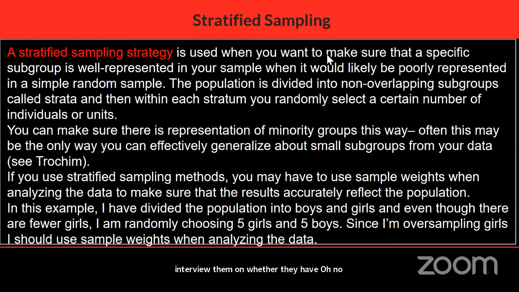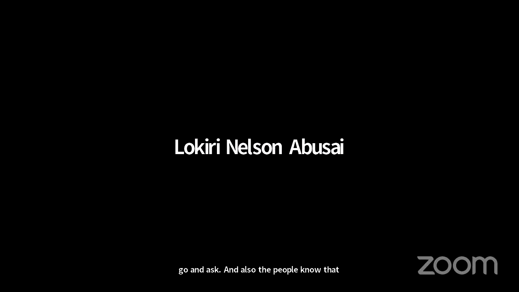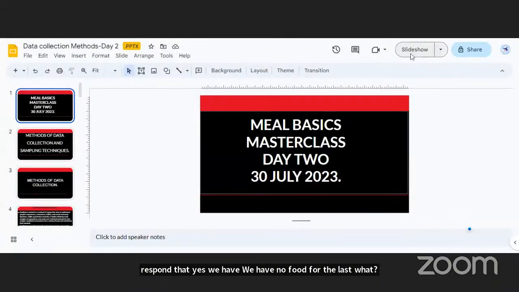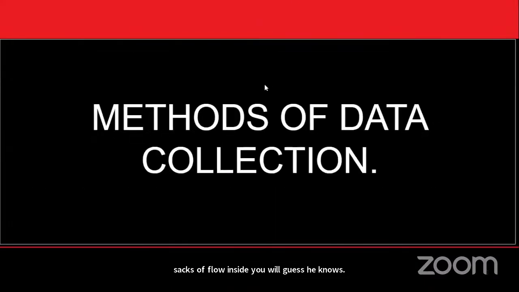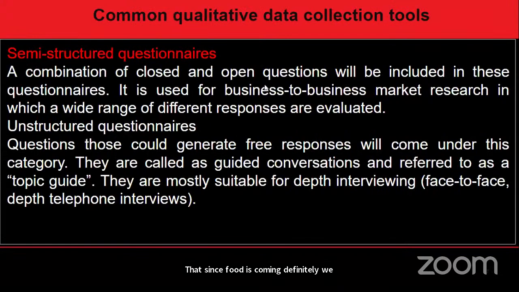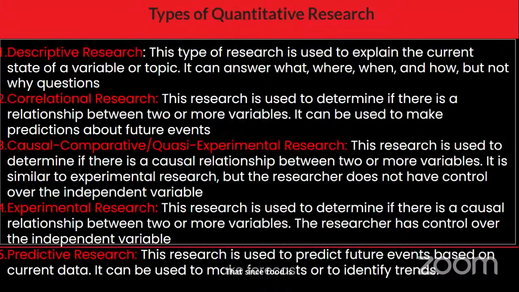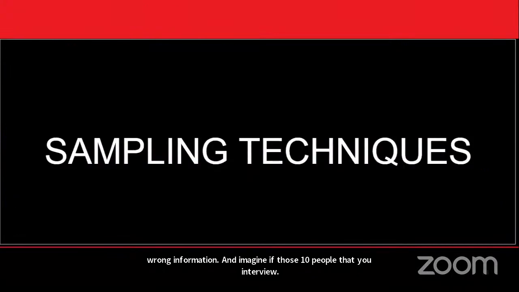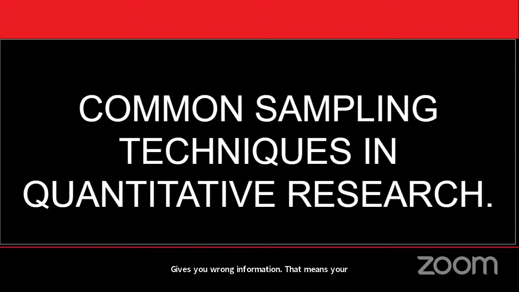If you don't use a good sampling criteria, you just go and ask, and the people know that food is coming and you are coming to distribute food, then they will definitely respond that yes, we have had no food for the last 7 days, we did not eat. Even if the person has a lot of sacks of flour inside, since he knows food is coming, he will give you wrong information. And imagine if those 10 people you interview give you wrong information, that means you are highly likely to act wrongly.